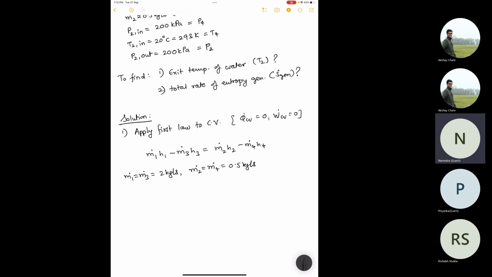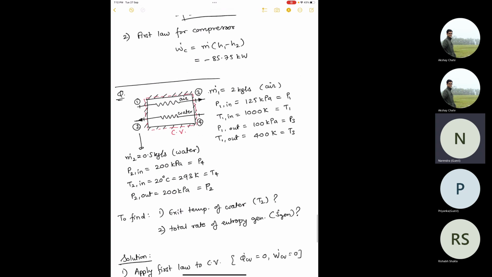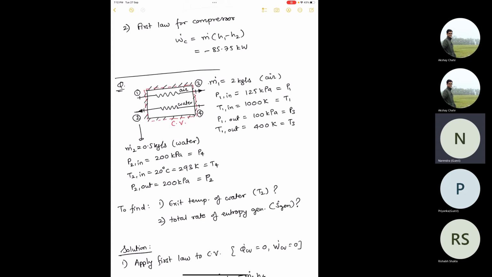Now h1 and h3, h2 and h4. The cold stream is water, so you can take h as CpT. But for air, it's better to go for the air table. If you don't have that, then you have to make one assumption that air is an ideal gas, because the pressure and the temperature both are changing here.